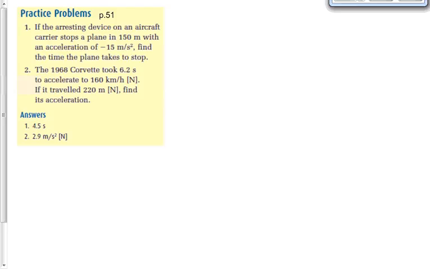The arresting device on an aircraft carrier is actually a hook that sticks down off of the bottom of the plane, the belly of the airplane. And that hook grabs a cable that's strung across the aircraft carrier. So if this is the aircraft carrier, there's a cable that's strung across it.